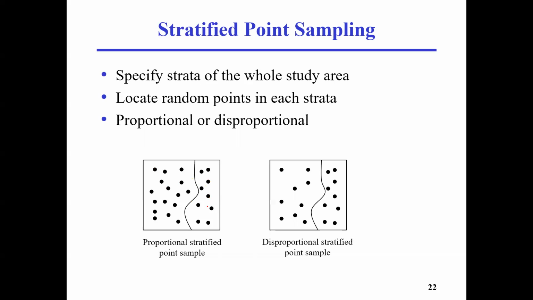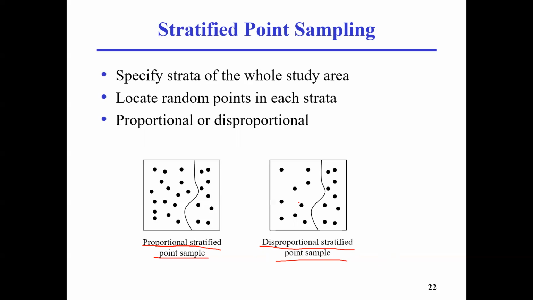And we use that proportion to decide how many individuals I should sample in this larger strata and how many I should sample for the smaller strata. This is called proportional stratified point sampling. Well, this proportional stratified point sampling, now I think you know how to do that, right?